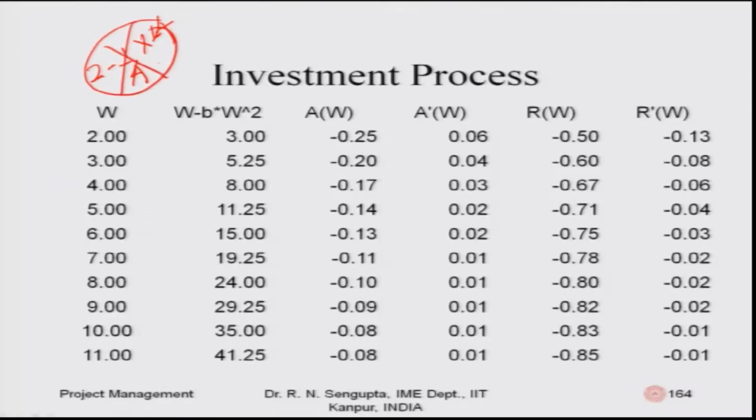My apologies, to make you understand: if I consider 2 minus of minus 1 by 4 into 4, which is 2 square, this 4 cancels, this minus becomes plus, and 2 plus 1 becomes 3. Let us come to the second one: 3 minus of minus 1 by 4 into 3 3s are 9, so 4 2s are 8, and 2.25.